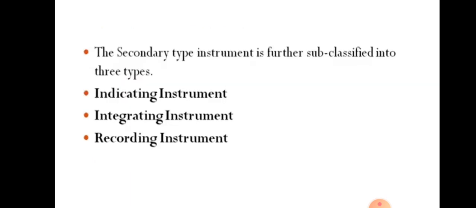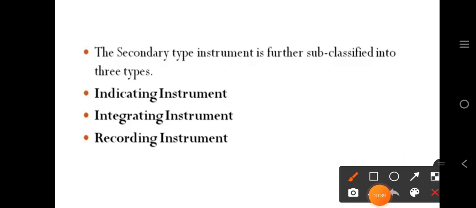The secondary instruments are further classified into these three types: indicating instrument, integrating instrument, and recording instrument. As in the starting we have discussed, in the indicating instrument the physical quantity is actually indicated on the display.